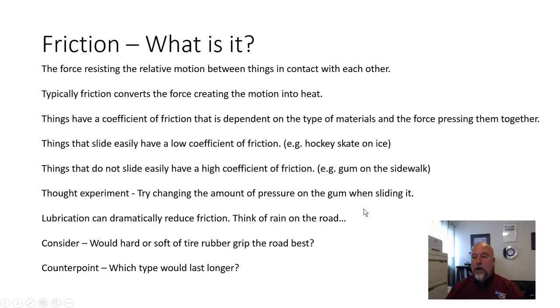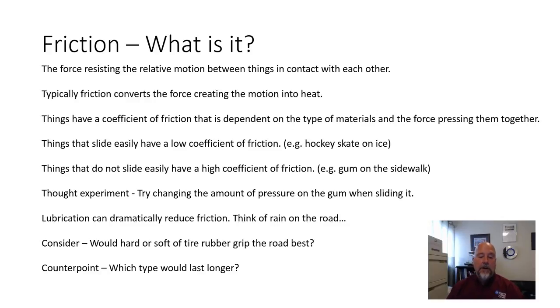If you kind of picture rubbing your hands together like this, if you rub them together really fast, they start to get warm. So anytime you rub two things together, you generate heat, and it's converting that energy of motion into heat. So things have a coefficient of friction. It's dependent on the type of materials and the force pressing them together.